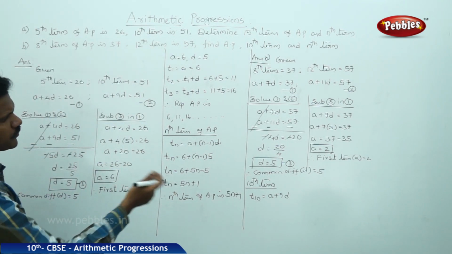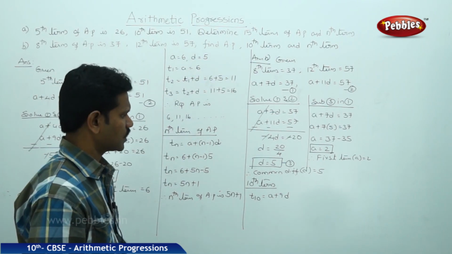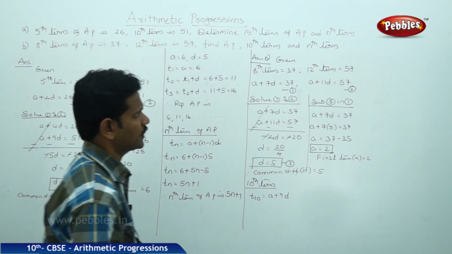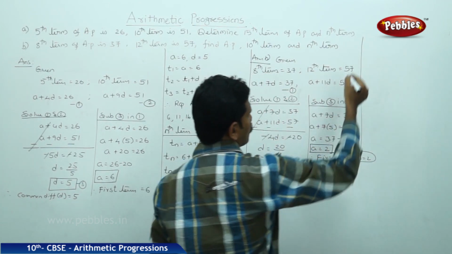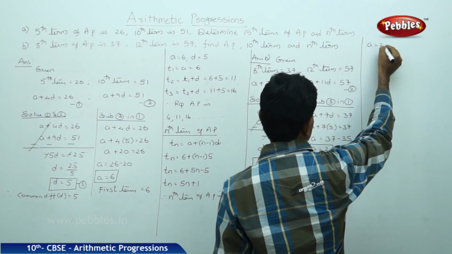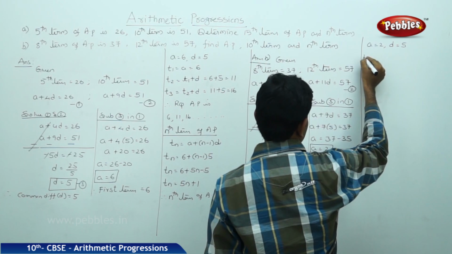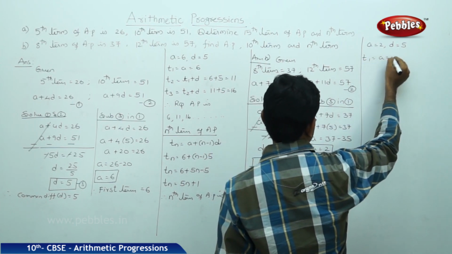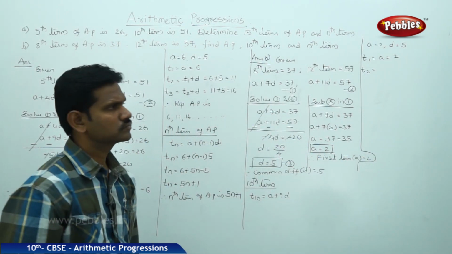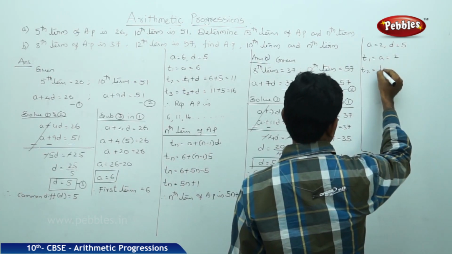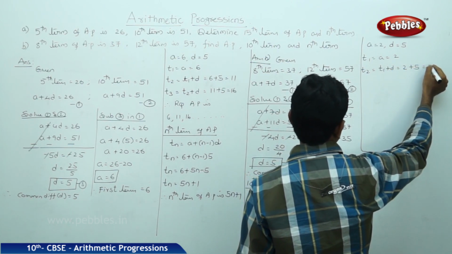Before going to find this one, he asked me to find the AP. That is why first we have to find out the AP. How to find the AP? Now A is equal to 2 and D is equal to 5. T1 is equal to A, which is 2. T2 is equal to T1 plus D, that is 2 plus 5, that is equal to 7.